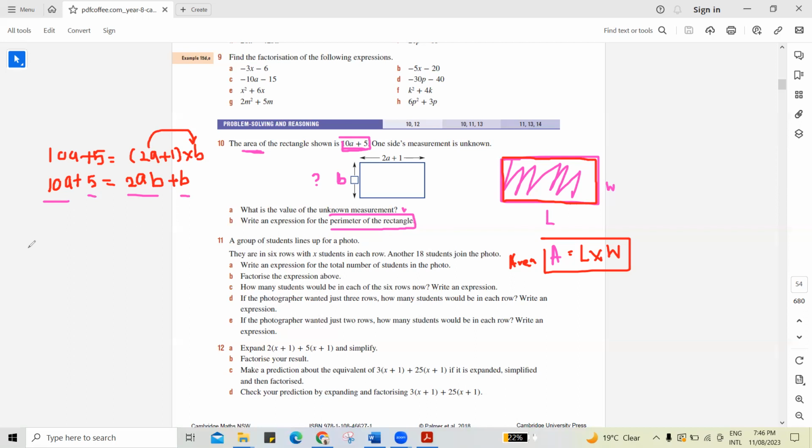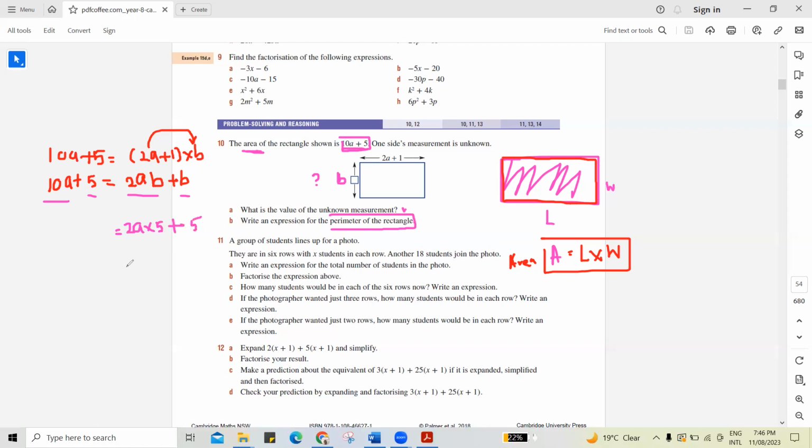What is the b value? No, 5. See here, plus 5 equals plus b. Right? Then also here, if b is 5, 2a times 5, this becomes 10. I put the 5, right?